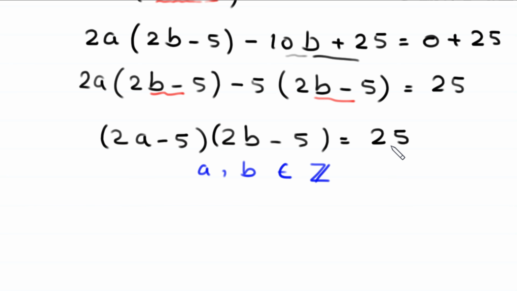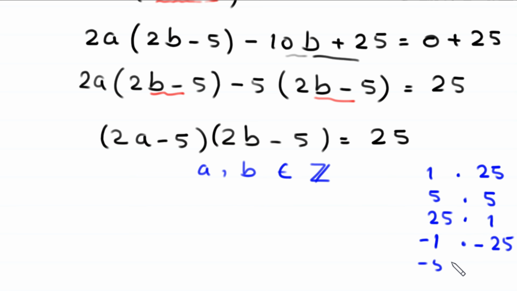So this 25 can be factorized as 1 times 25, 5 times 5, 25 times 1, negative 1 times negative 25, negative 5 times negative 5, and negative 25 times negative 1.